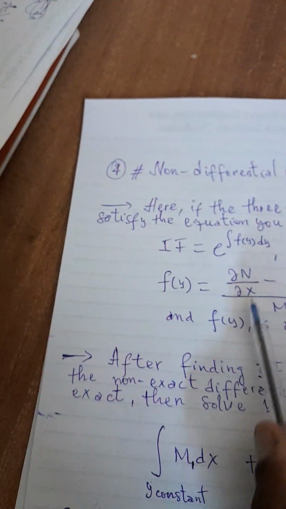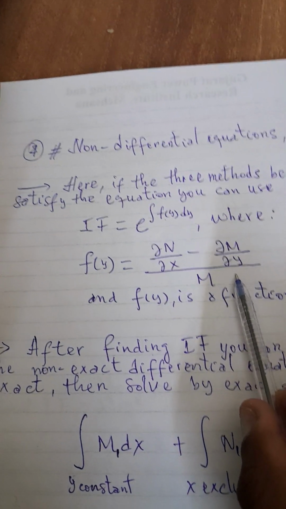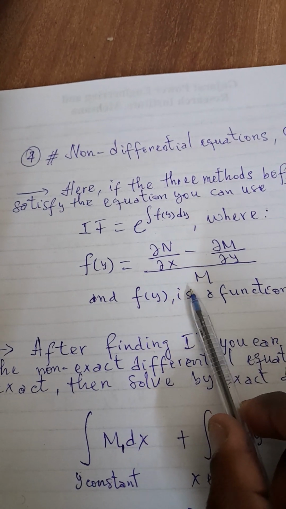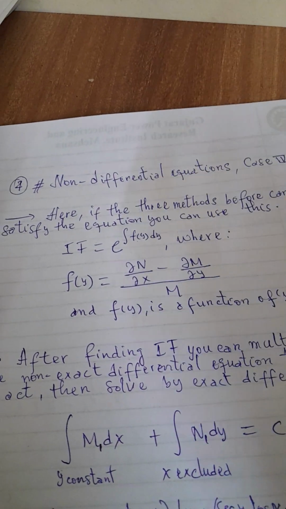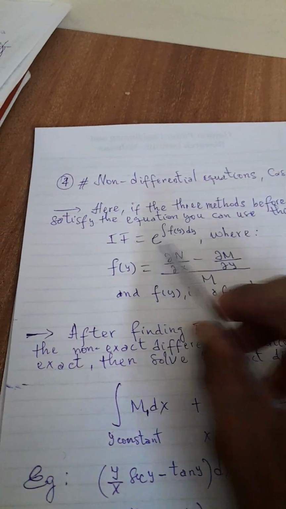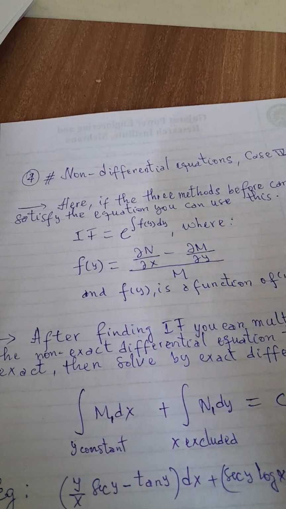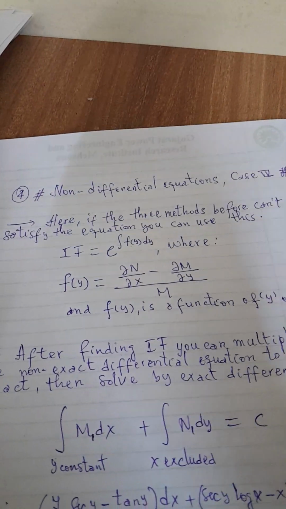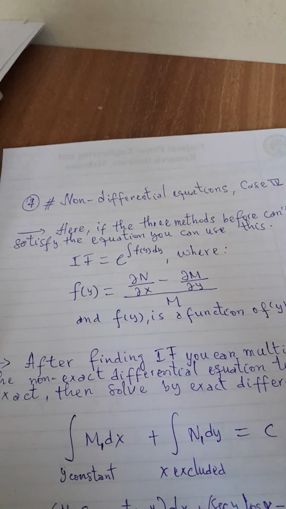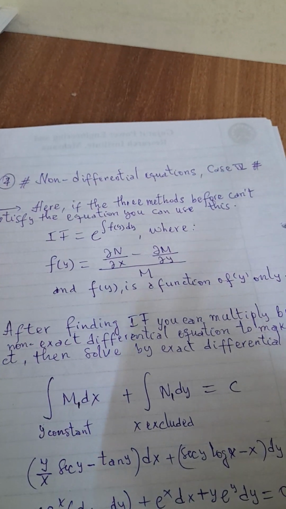Just be careful, here it is the opposite: del n upon del x minus del m upon del y, divided by m, where f of y is a function of y only. After finding this integrating factor, you can solve by this one. So this is the fourth method to solve a non-exact differential equation, case number 4.